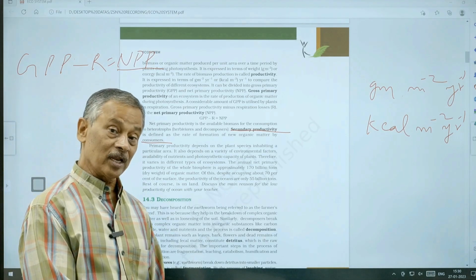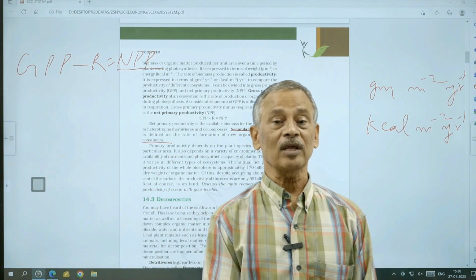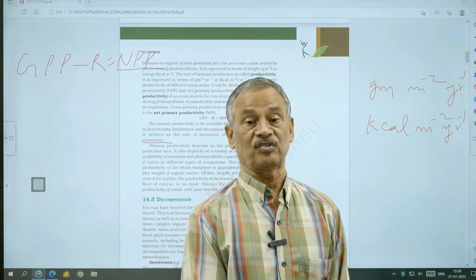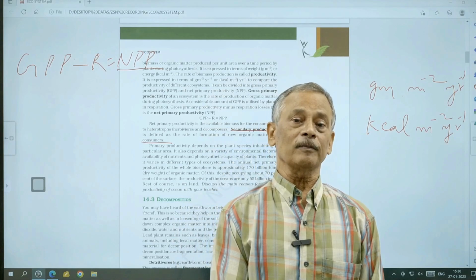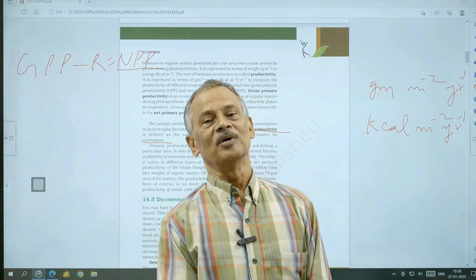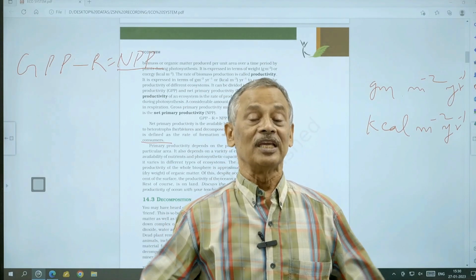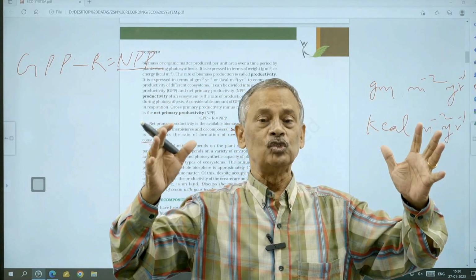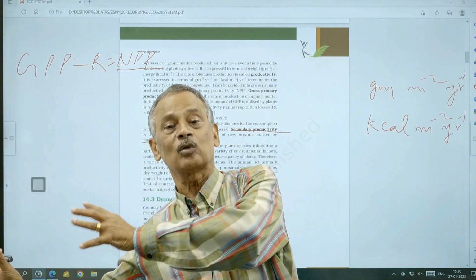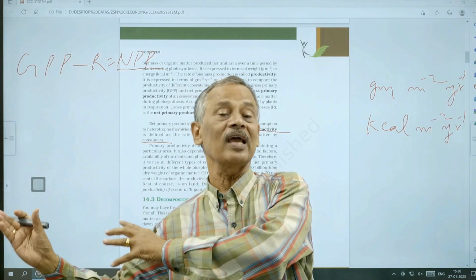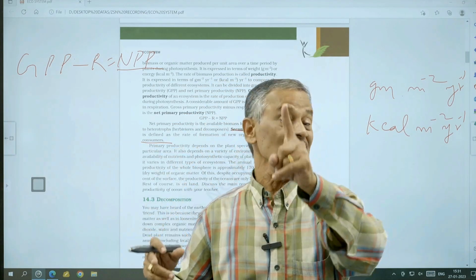So primary productivity is the rate of production of biomass or organic matter by plants, by photosynthesis. Secondary is the formation of organic matter by consumers. So which is more important? The primary, because it is very huge, and what is left over is given to the consumers, and using that the consumers are growing, their biomass is increasing.